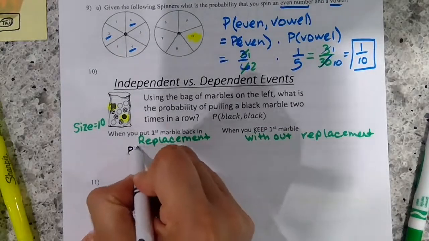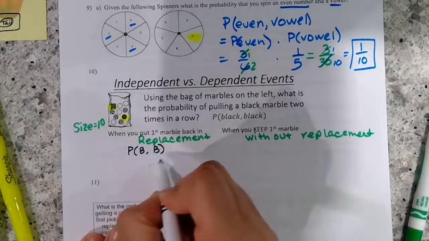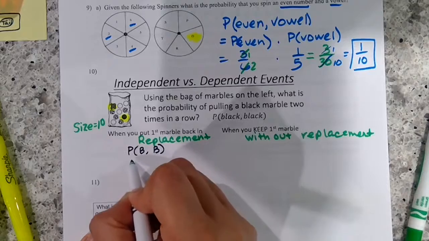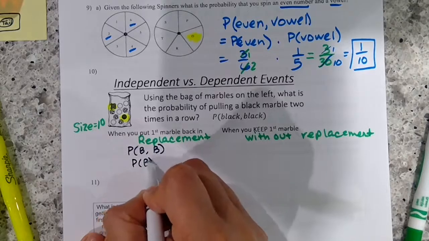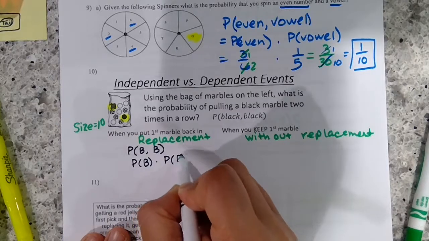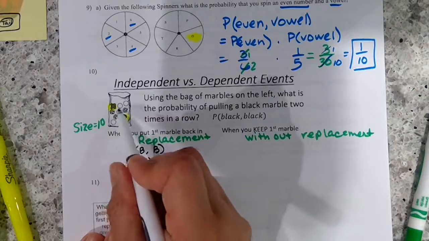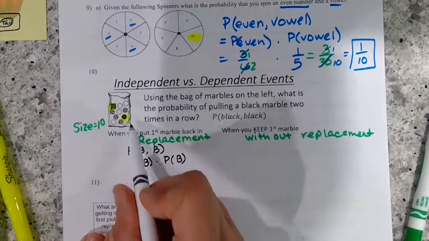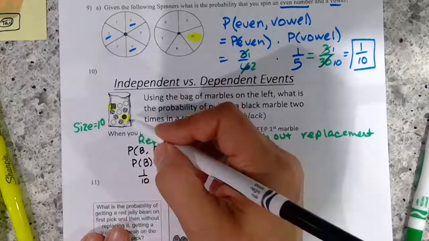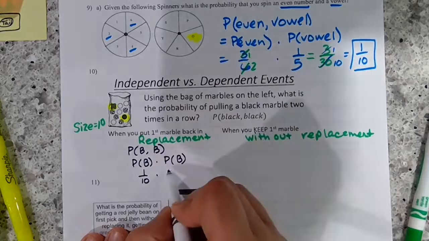Well, because they're independent events, you can say probability of black times the probability of getting a black marble. So the probability that you get a black marble, if the bag is full, is going to be 2 out of 10. You put that black marble back again with replacement. Now, what's the probability that you get a black one?